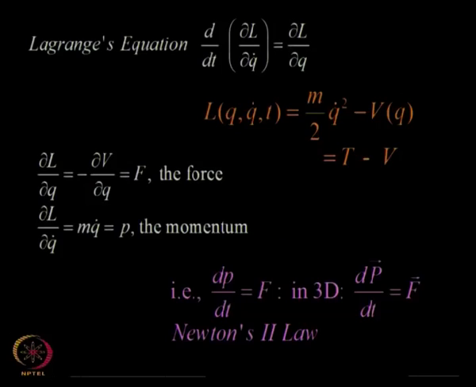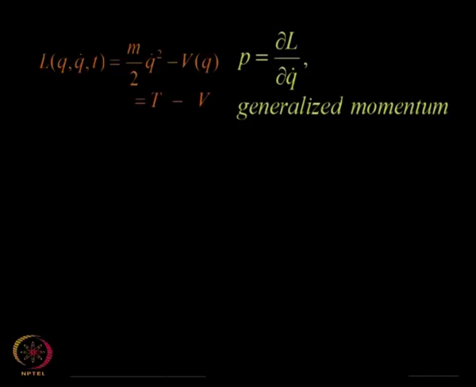So del L by del q dot is our definition of momentum, and hereafter whenever we talk about momentum, we will talk about del L by del q dot and not mass times velocity. This is what is called the generalized momentum. The definition of generalized momentum is that it is a partial derivative of the Lagrangian with respect to the velocity, and we can see a suggestion toward this from this correspondence which we see over here. So this is our generalized momentum, del L by del q dot, and that is the term we shall use in the future.